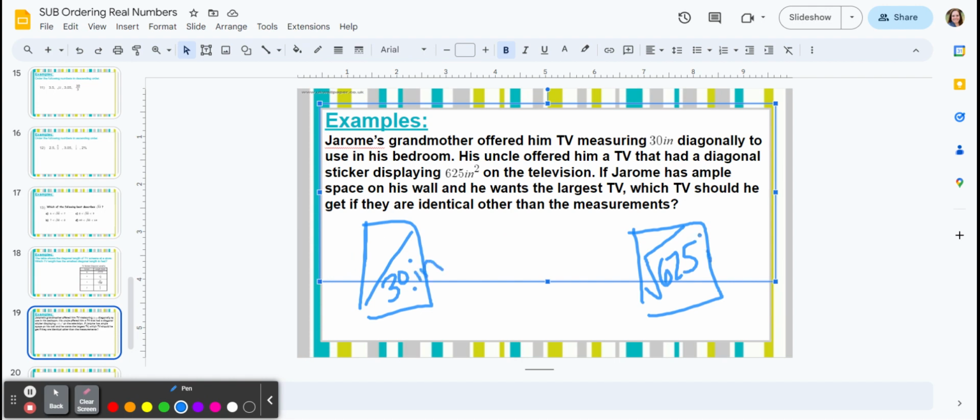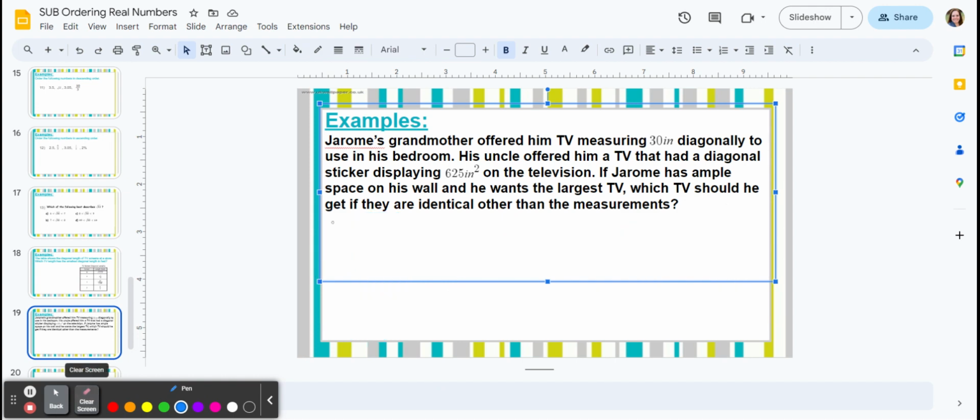And since this one's inches squared, we have to take the square root of 625. So if I took the square root of 625, I would get 25, which you probably don't know that, but let's make sure you can see that. So it's 25. So this one's 25 inches versus 30 inches. So which one? It says we want the most, right? So we want to get the biggest one. So we're going to ask for the one that's 30 inches versus 625 inches squared. Okay.